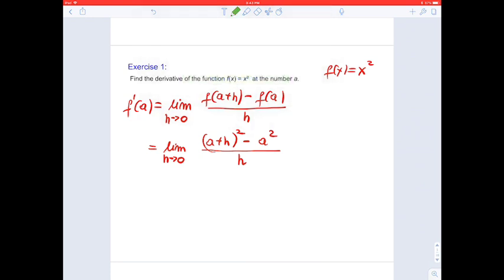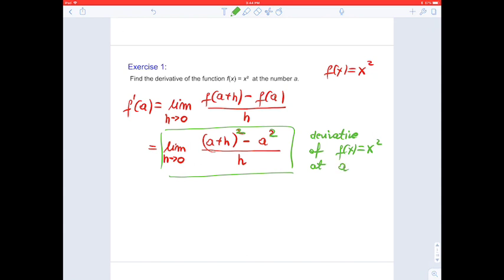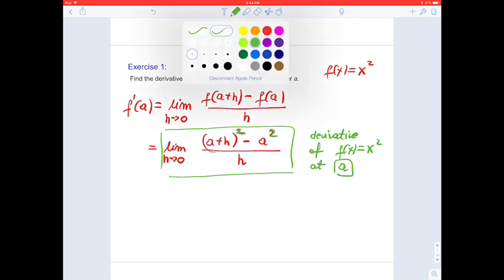Let me write one more time. This limit represents the derivative of the function x squared, because we can see the quantity squared at a. And we don't have the exact value of a, it's just a. Okay, let's evaluate.